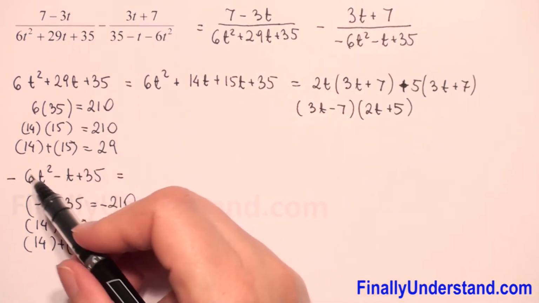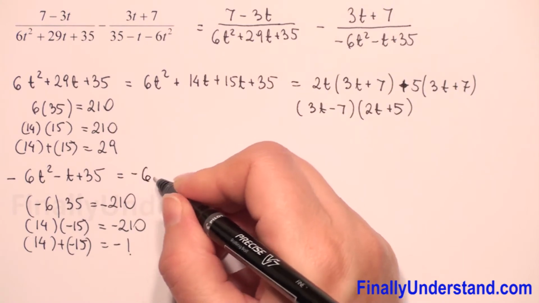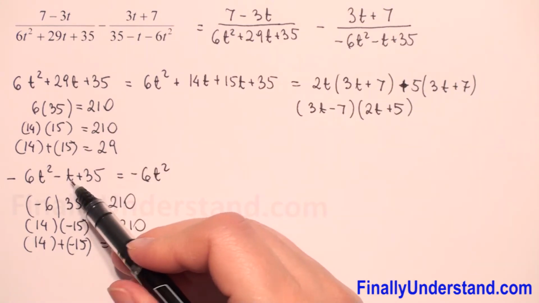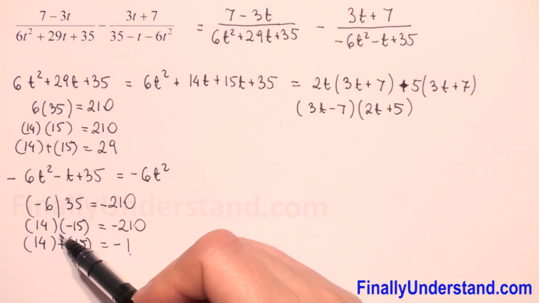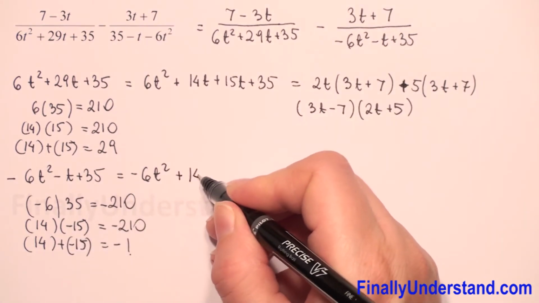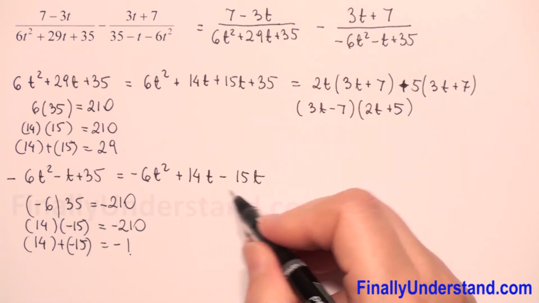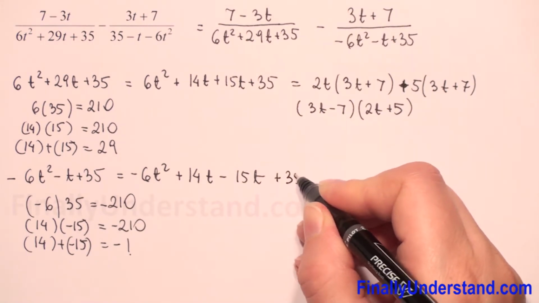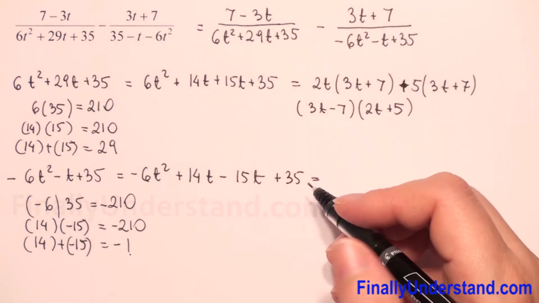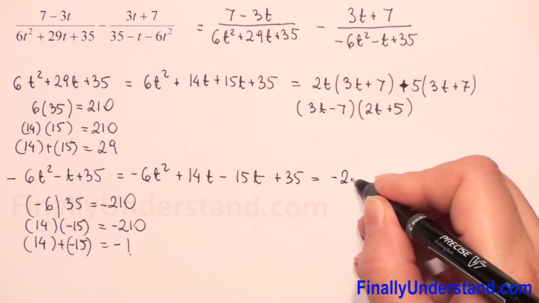So now, the first term I have to rewrite, negative 6t squared, and negative t I will rewrite by using these two numbers. So it will be plus 14t minus 15t. This is negative t, what I have at the beginning, and I have to add 35. Now I can factorize from the first two expressions negative 2t.